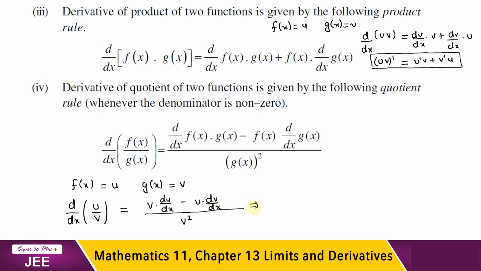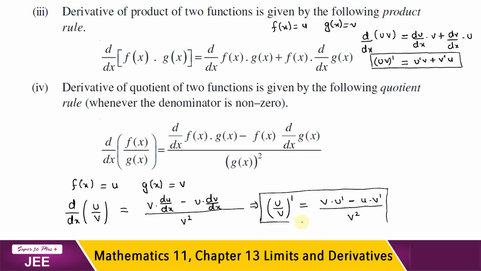And now in terms of dash, this becomes (u/v)', and this is equal to (vu' minus uv') whole divided by v squared.